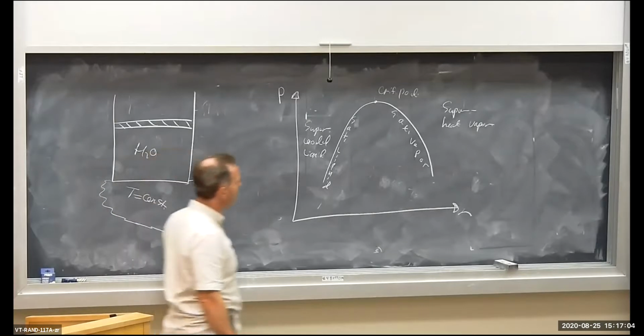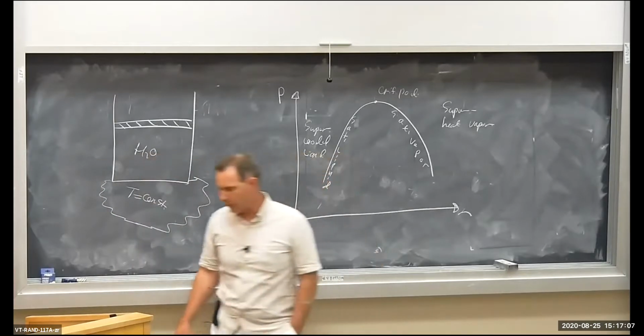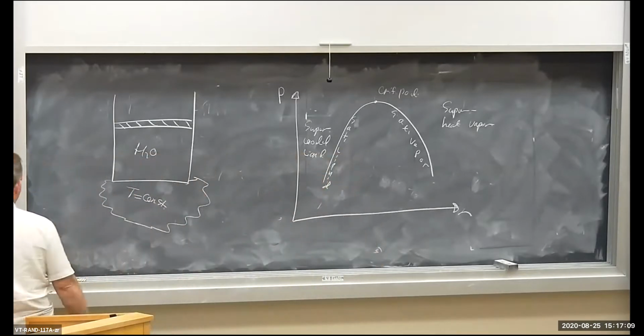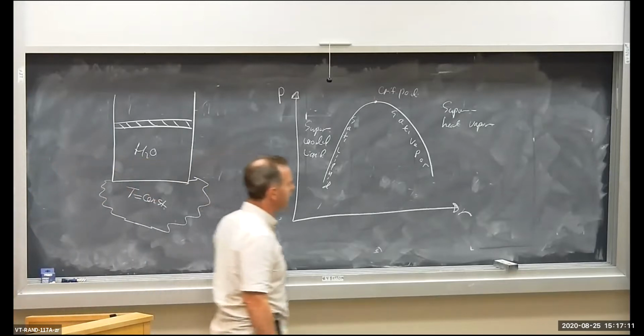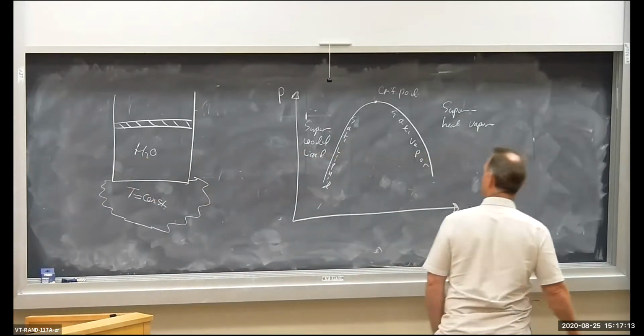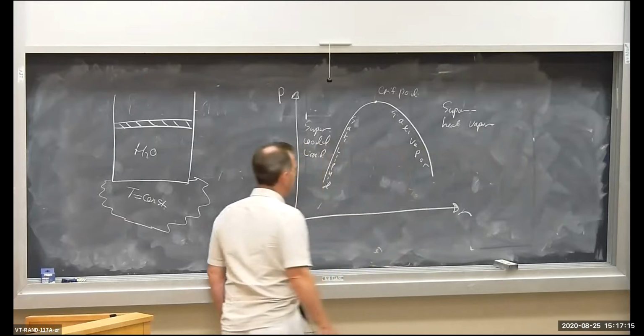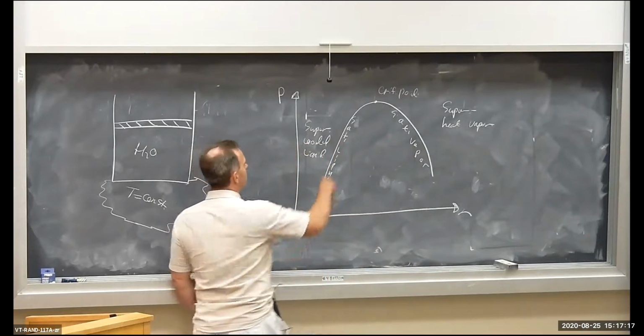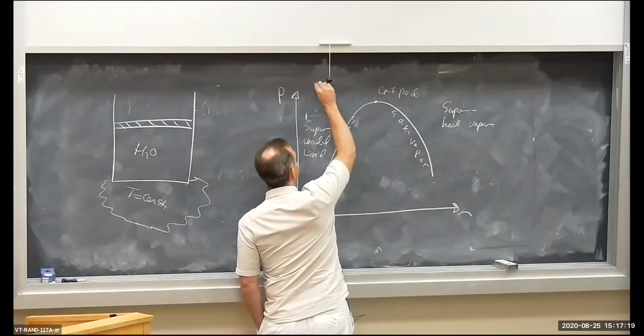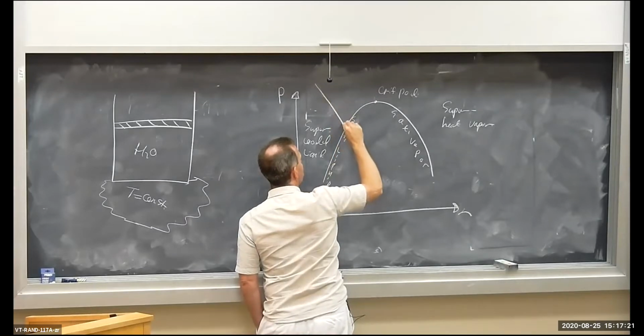Now, instead of having an isobar in here, because I've got a PV diagram, I'll have an isotherm instead. And the isotherm is going to be downward instead of upward sloping.